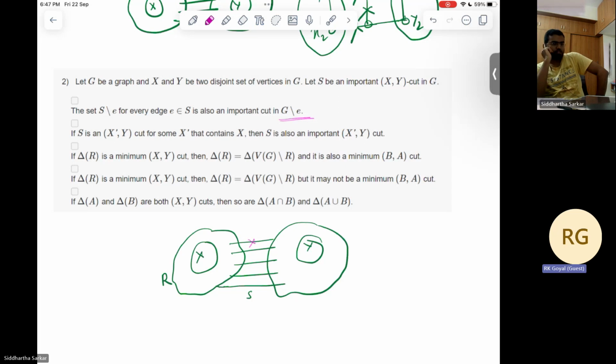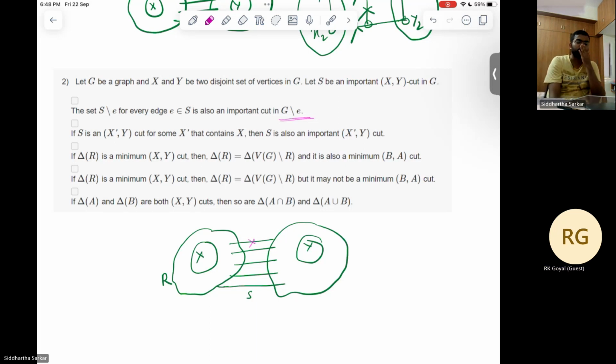They say that the set S minus E, for every edge E, is also an important cut. So if I remove this edge, will this be an important cut?